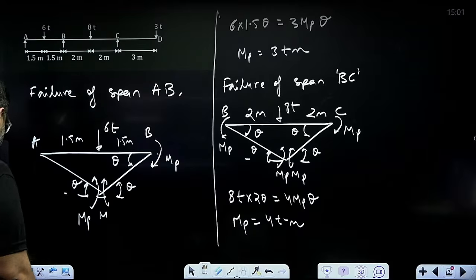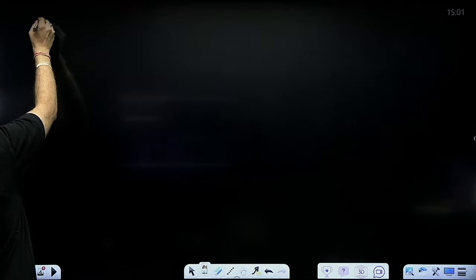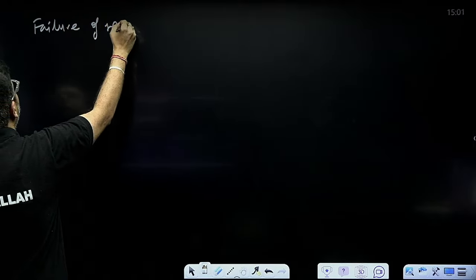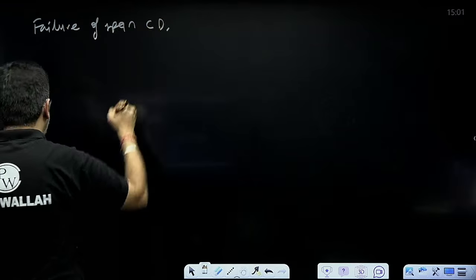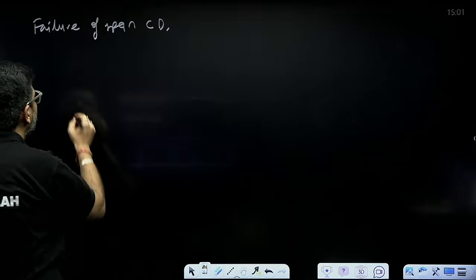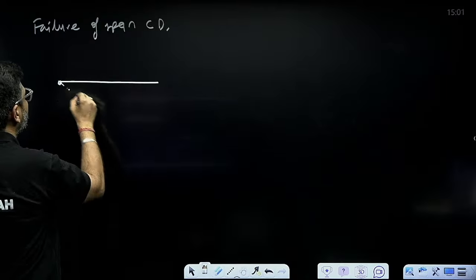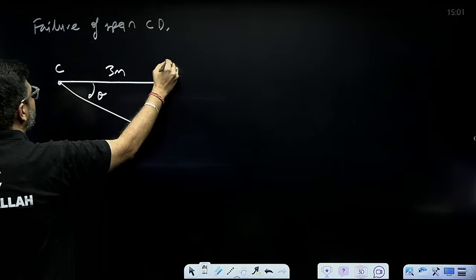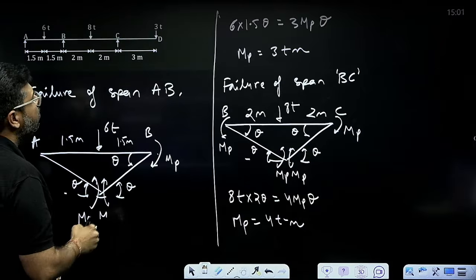Lastly, failure of CD. Only one hinge is required for its failure. Theta, 3 meters. The CD load is 3 tons.